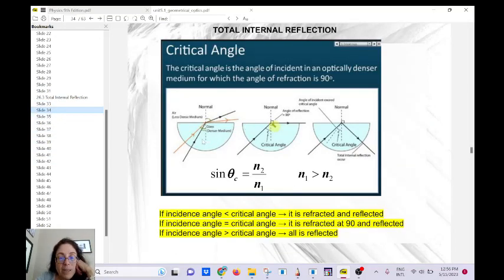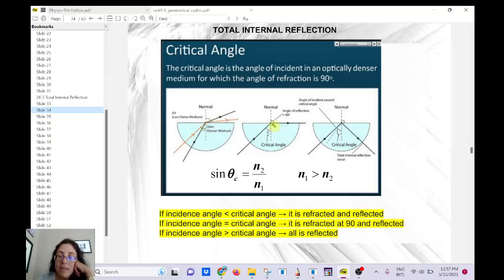So if the angle of incidence is smaller than the critical angle, then the beam is refracted and reflected. If the angle of incidence equals the critical angle, then it's refracted at 90 degrees.